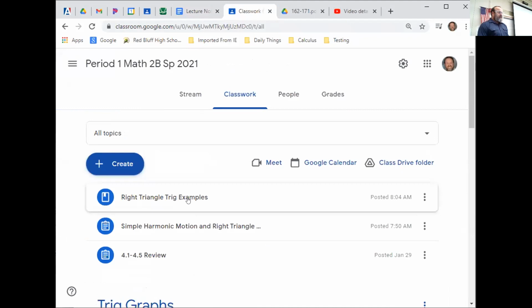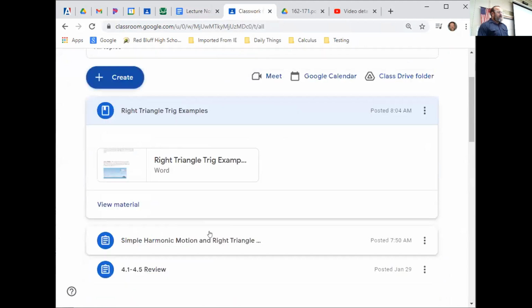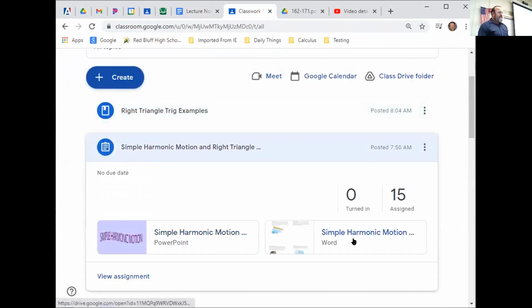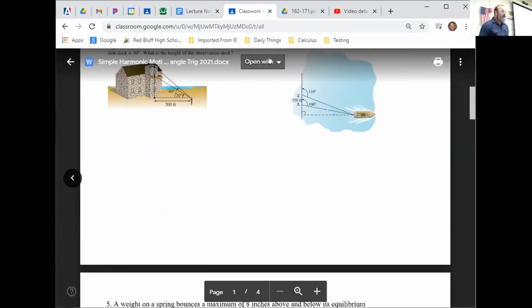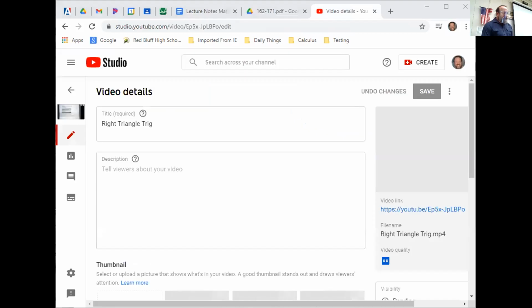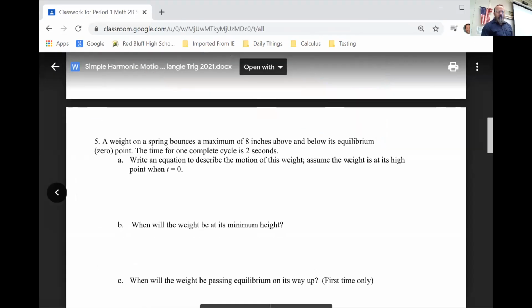Let's go a little bit further. Here we are. And here is your simple harmonic motion assignment that you're looking at. And so what's going to happen when you get into that, you can't see that. Sorry, everybody. Let's do that. And let's do a reshare with that. Here we go. Should be this guy right here.